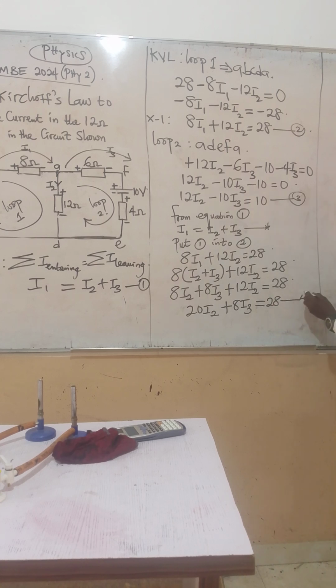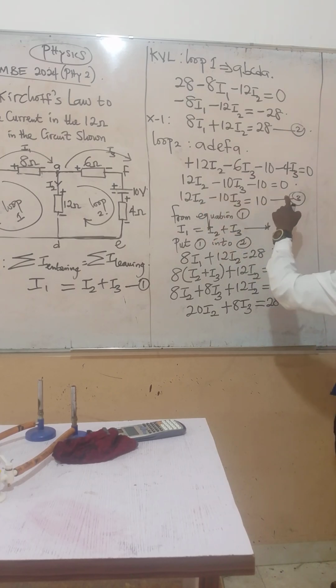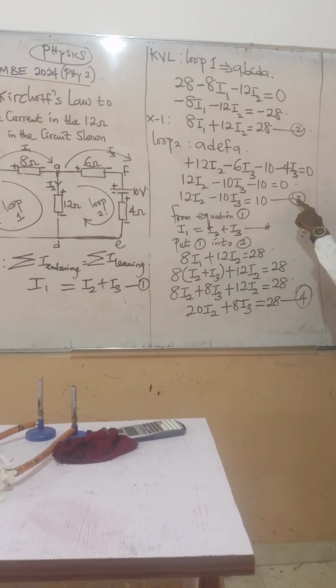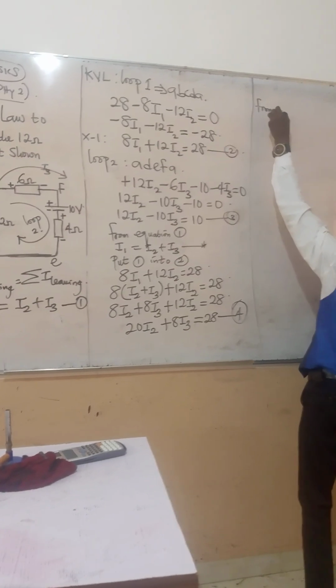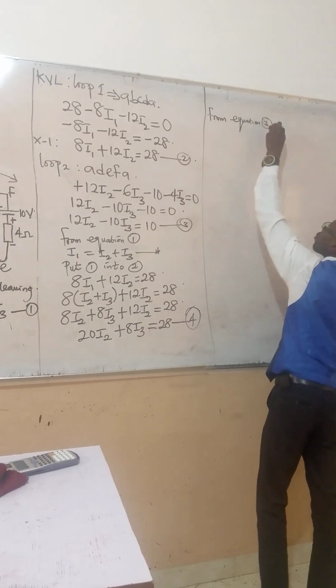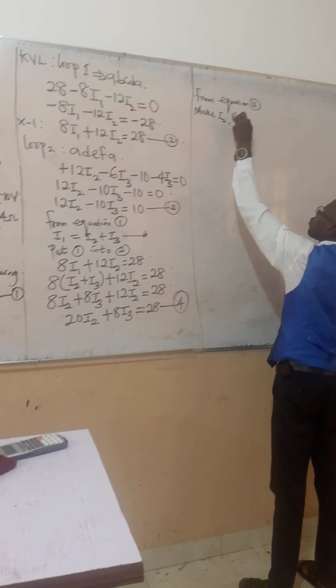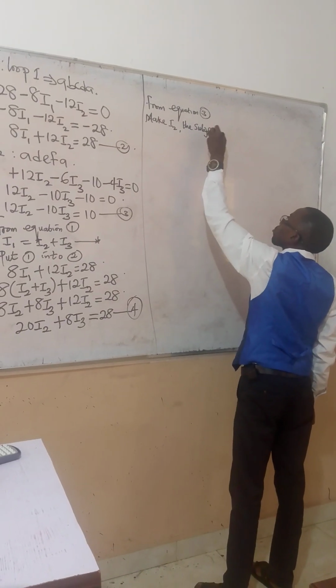Call this equation 4. It is possible for us also to make I2 the subject of the formula in equation 3, such that at the end of it, we will put whatever we have there into equation 4. So from equation 3, make I2 the subject.